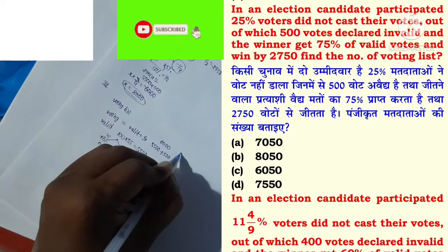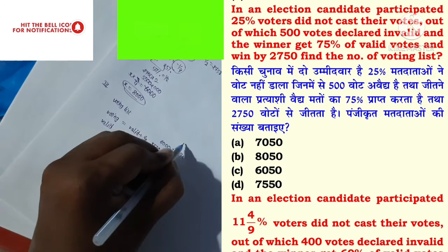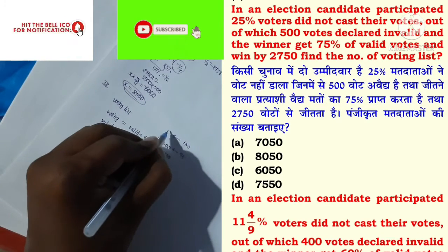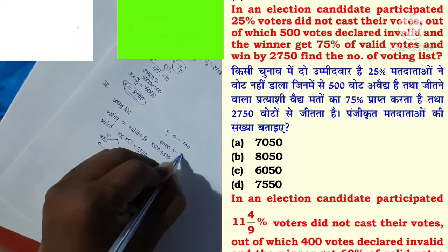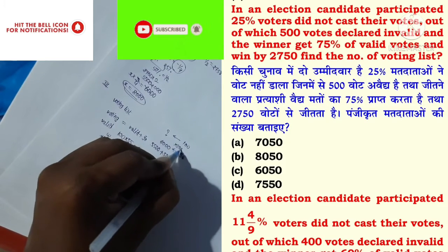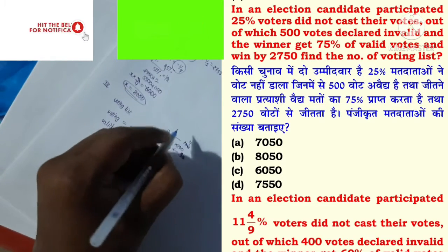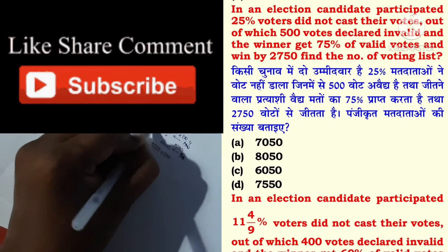So 75% of the voting list is 6000. So what is 100%? 75% is 3 by 4, so 3 represents 2000, so 4 represents 2000, so the value is 8000.